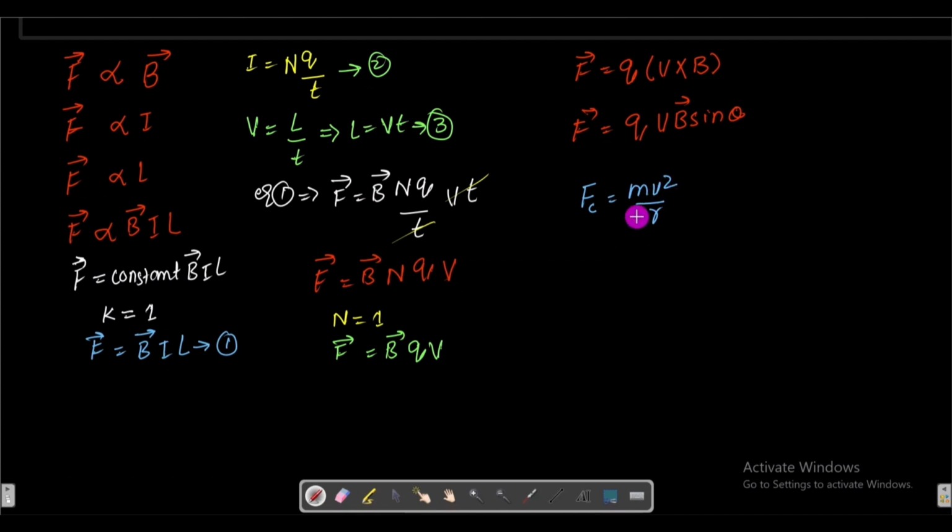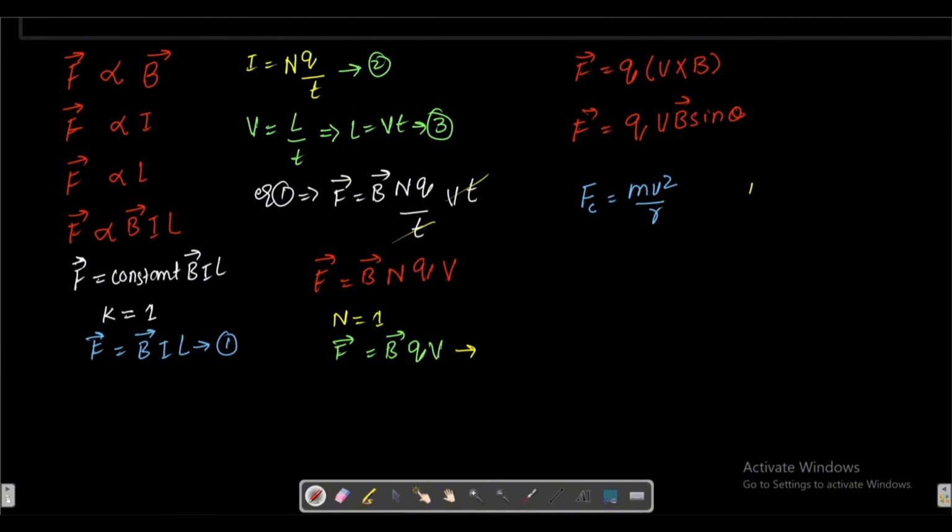This centripetal force on the charged particle in the external magnetic field is due to the magnetic force, which is given by this.